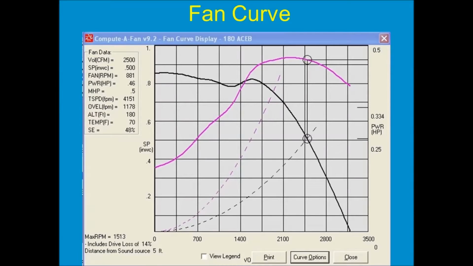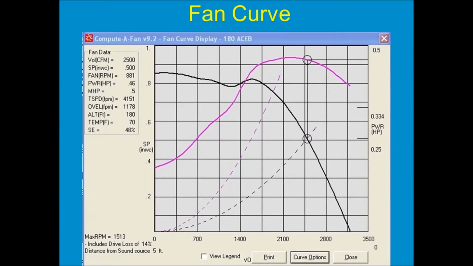If we look at the curve here, the solid black line is the fan curve. That is the CFM versus static pressure. CFM is across the horizontal axis, the airflow, and then the resistance that the fan must overcome is the static pressure on the vertical axis, measured in inches of water column.